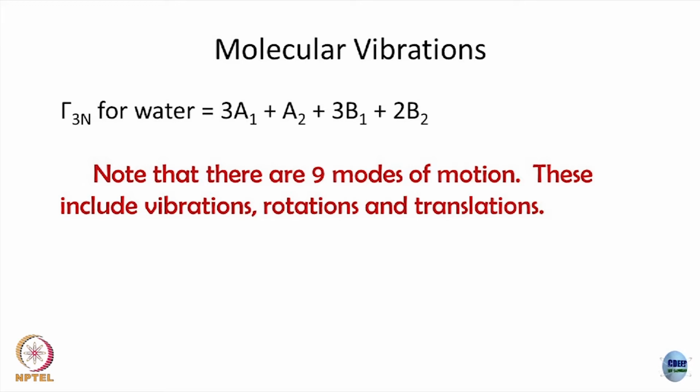Given a reducible representation of a molecule with 3n atoms, you know how to do the decomposition into irreducible representations, and you find that there are totally 9 modes of motion. 3 one dimensional irrep, 1 one dimensional irrep, 3 plus 1 is 4, and everything is one dimensional.